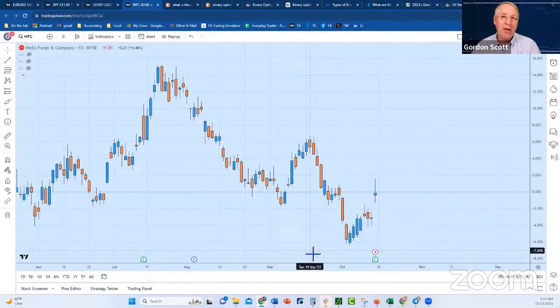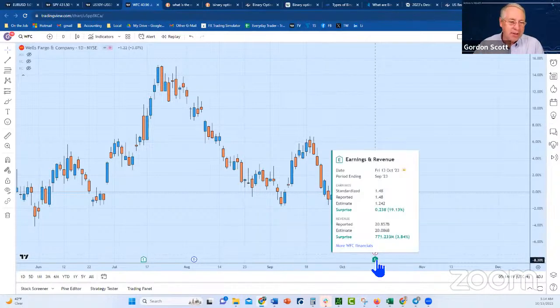So it's quite possible that going forward, the earnings will be positive, and that will make people feel good about it. But notice that here's Wells Fargo. They beat revenue sales by 3% and profits by 19%.